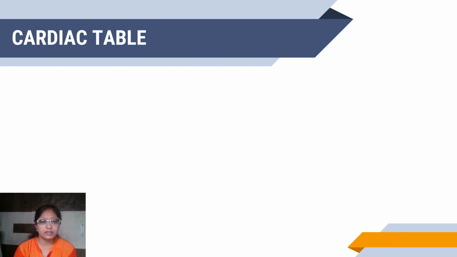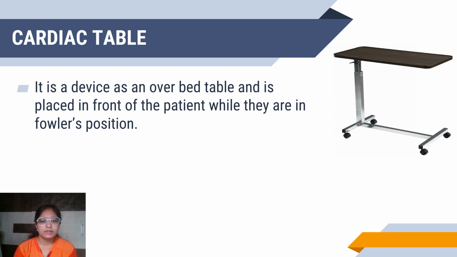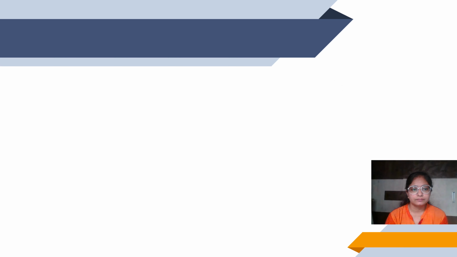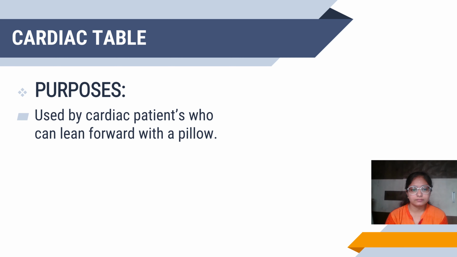Another important comfort device is the cardiac table. This is the picture of the cardiac table. The cardiac table is a device like an overbed table and is placed in front of the patient while they are in Fowler's position or in sitting position. Now what are its purposes?